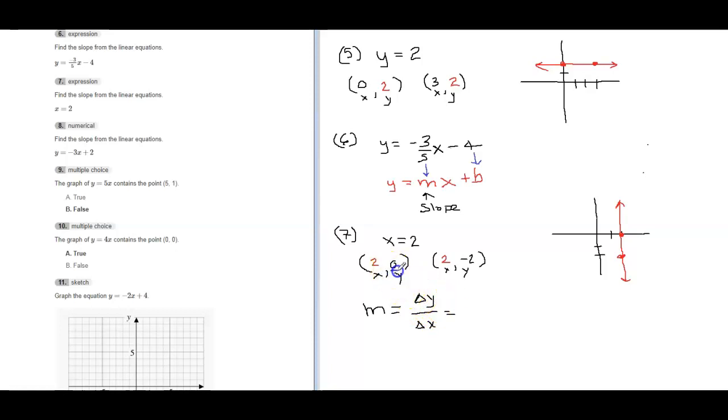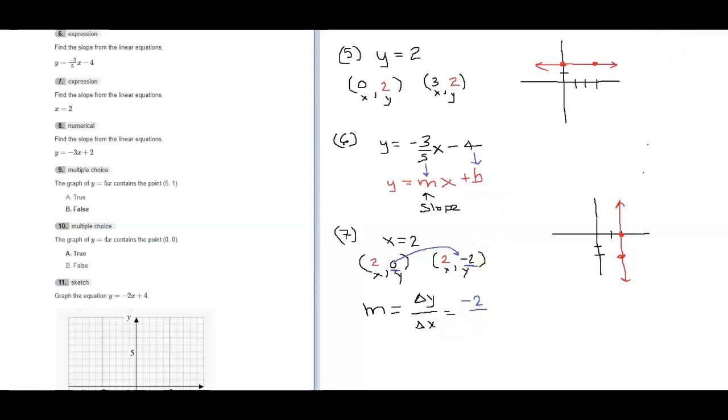So look at the y, started on 0, ended on -2. So the numbers change. Now, did it go up or did it go down? I want to know from 0 to -2, did I increase or decrease? We went down by how many? 2. That's why the change in y is -2.